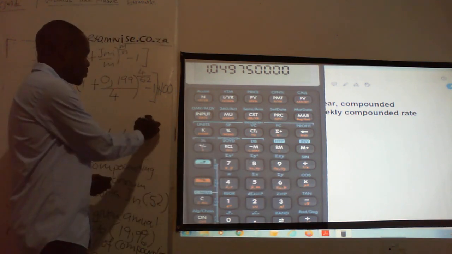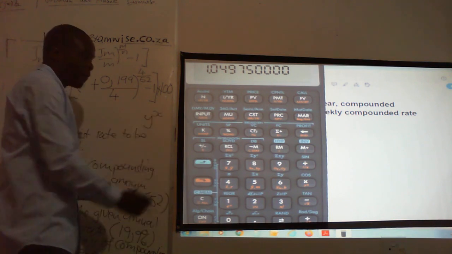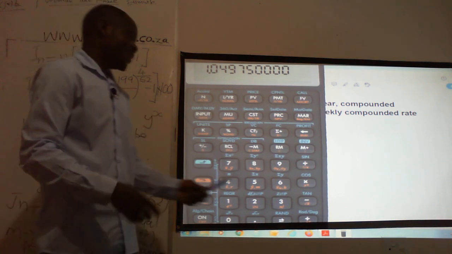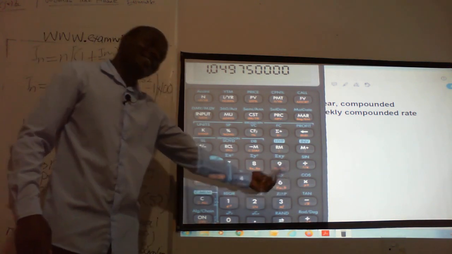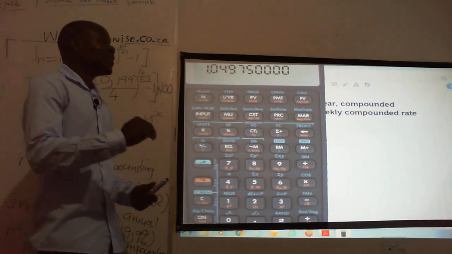Our power sign, the y to the power of x, is on the multiplication sign, and it is in orange.